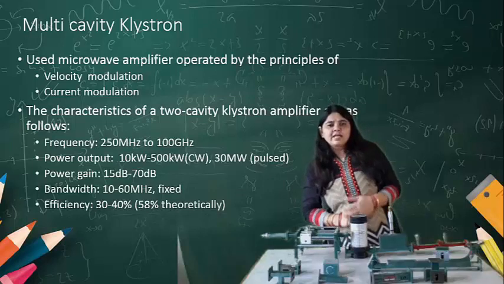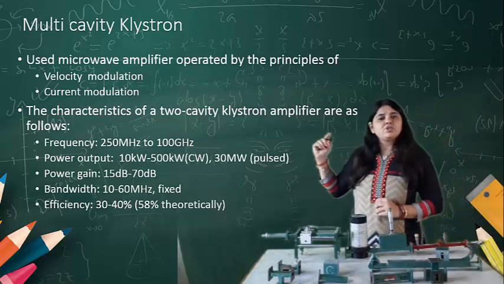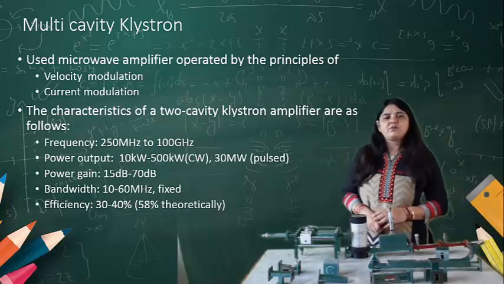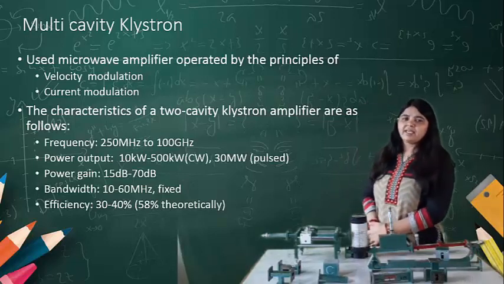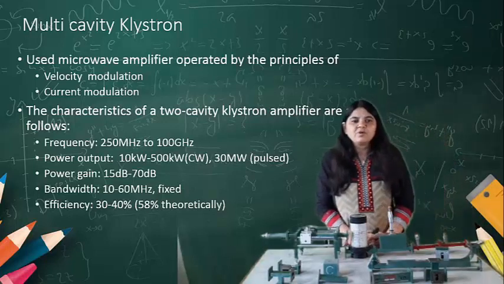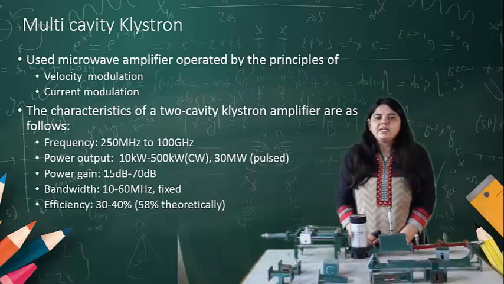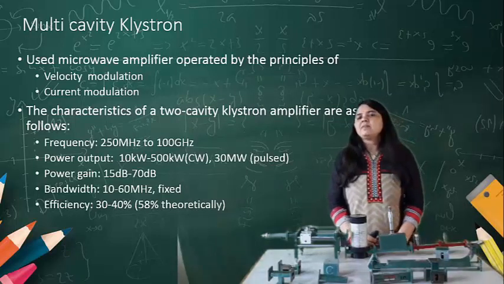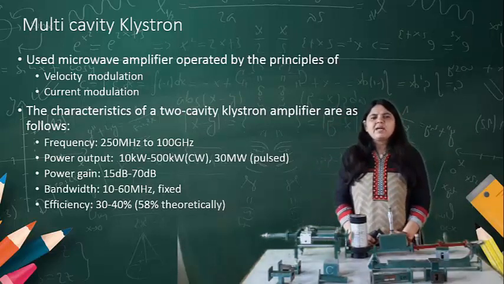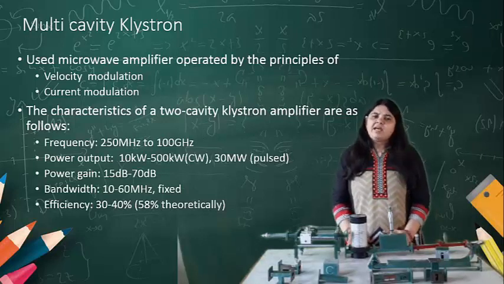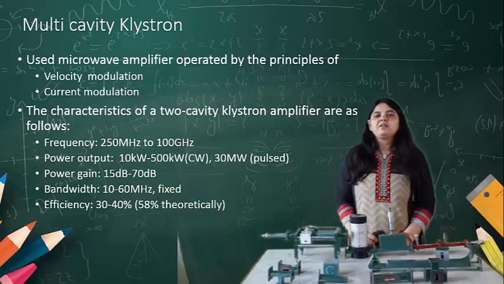Now, what are the characteristics of the two cavity amplifier? The frequency range is 250 megahertz to 100 gigahertz. The power output is 10 kilowatts to 500 kilowatts. As we know, in radar a high power requirement is there, megawatt power is required, and that kind of power cannot be generated by simple devices.